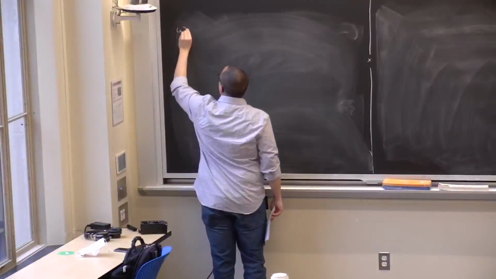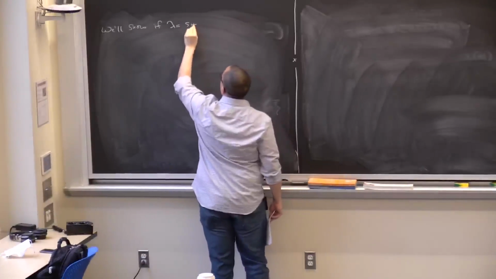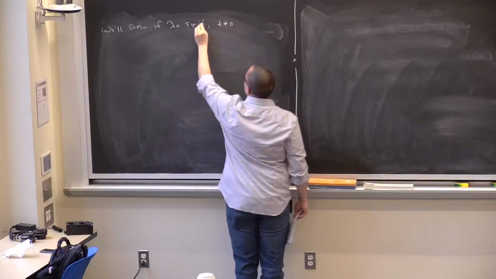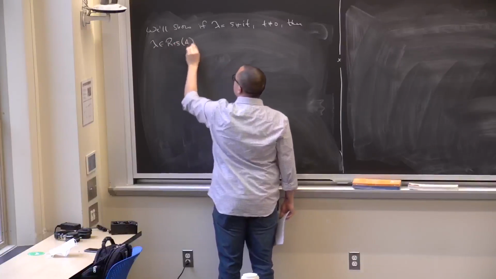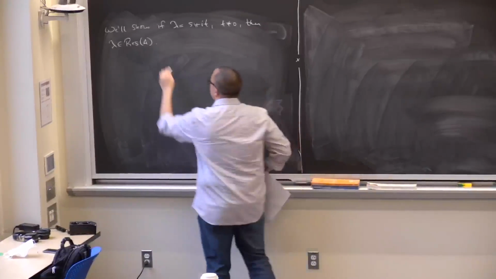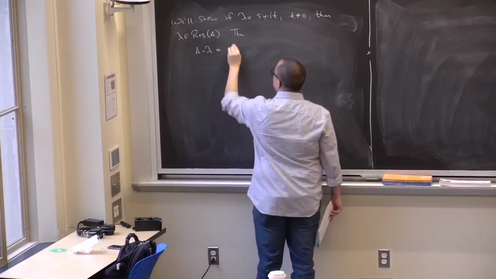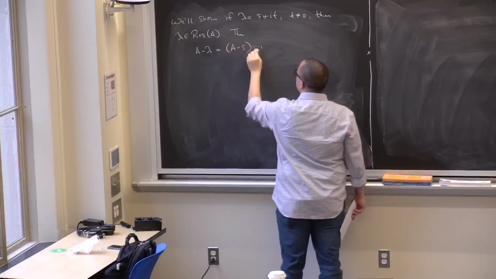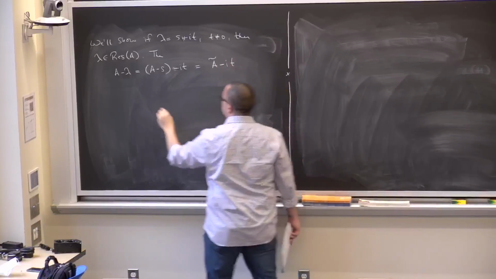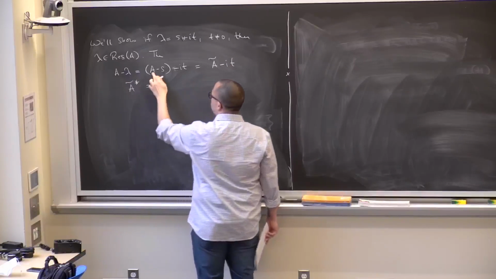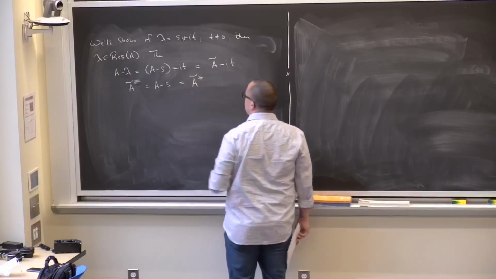So we'll show that if lambda equals s plus it, with t not equal to 0, then lambda is in the resolvent set of A. Now, suppose lambda has this form, then A minus lambda is equal to A minus (s plus it), which I can write as A tilde minus it, with A tilde a bounded linear operator given by A minus s, which is also equal to its adjoint, because s is a real number.